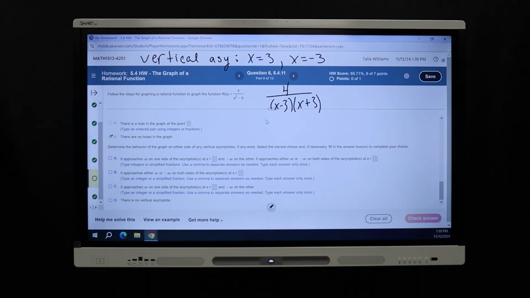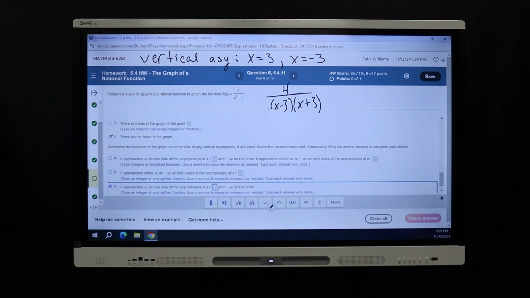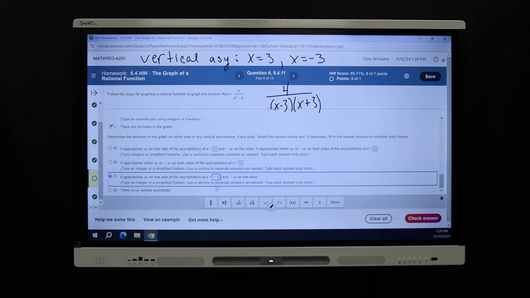So it's going to go to -infinity on one side and +infinity on the other because it crosses. So it's not this one that has both. Even though we have 2, both of ours are multiplicity 1. Approaching infinity or -infinity on both sides is your even multiplicity. So right here, and they already have x equals, so we're going to do -3, 3.